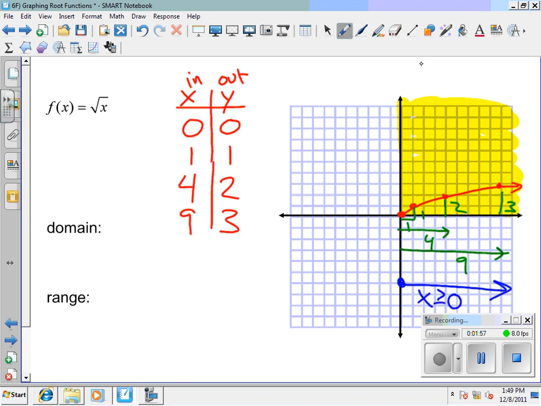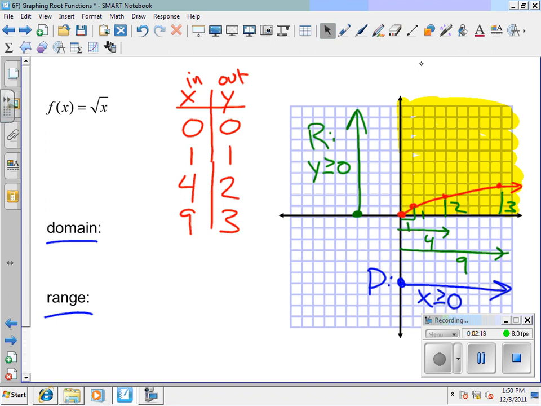And then we have y values for the range that are bigger than or equal to 0 as well. So this is your range, as well as the blue down here is your domain. Okay. So that is what we're talking about for domain and range. Notice that's the only part of the graph where it exists. You can see where it starts from and what direction it goes to.